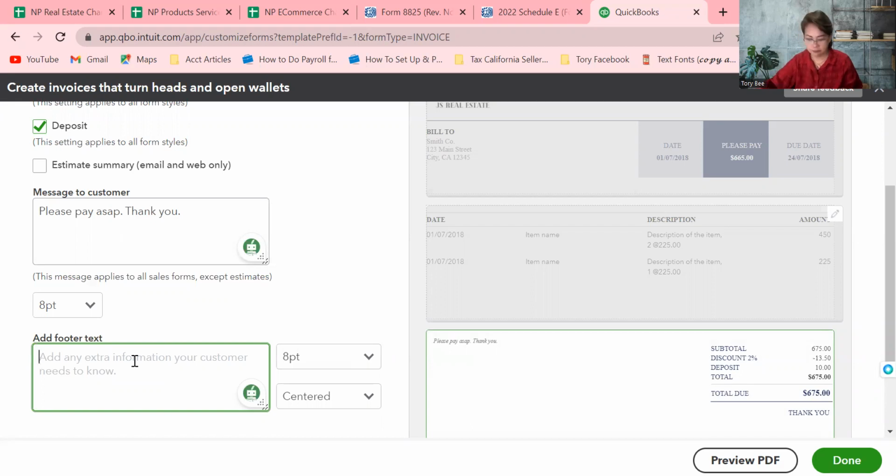Net 30. I don't know. Here, add footer text. What can we say here? I will leave this empty for the invoice.